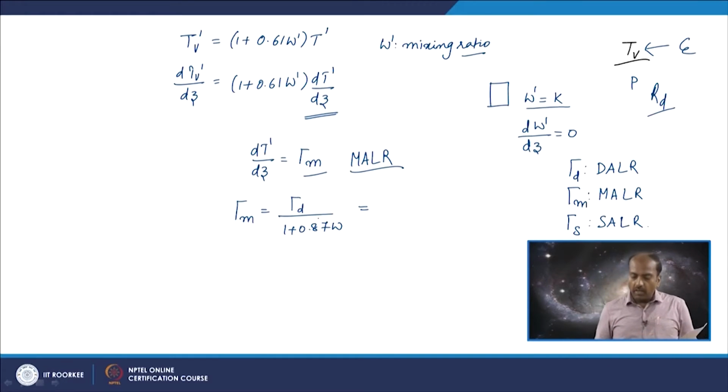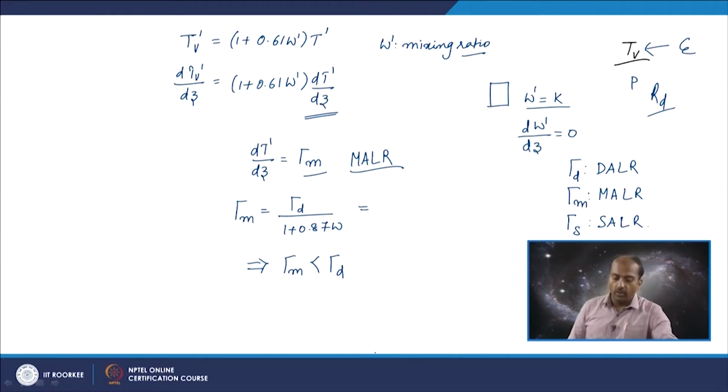So, gamma d by 1 plus 0.87 W. What does it mean? Here we have already discussed that gamma m will be less than gamma d. Why is it so? Because the possibility of moisture will bring along the possibility of saturation, and saturation will have some amount of latent heat release. This latent heat release into the air parcel will decrease the rate at which temperature decreases with respect to height. Hence, gamma m is less than gamma d.